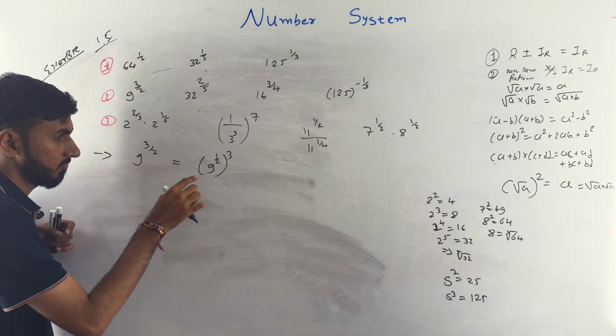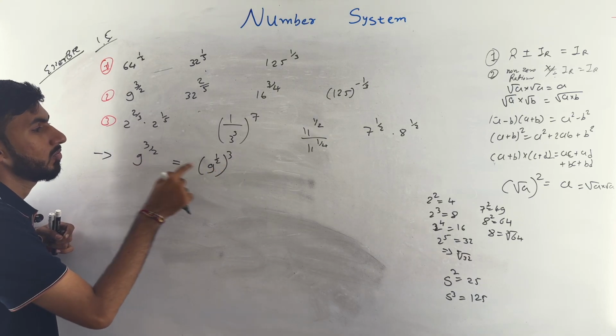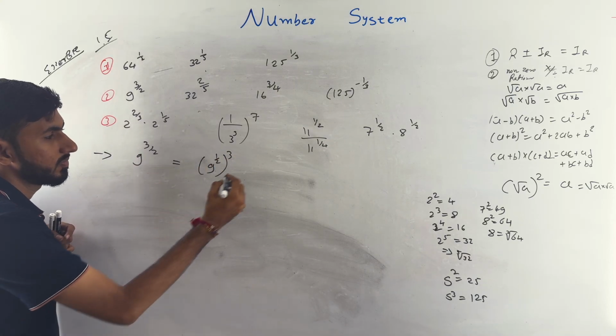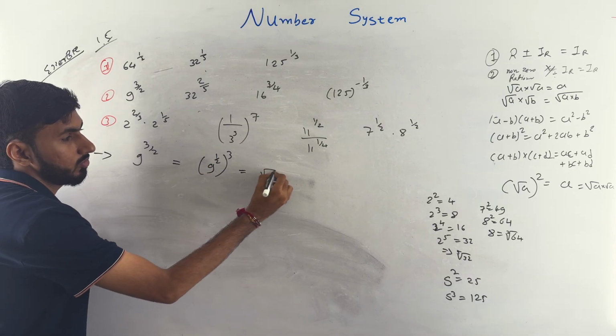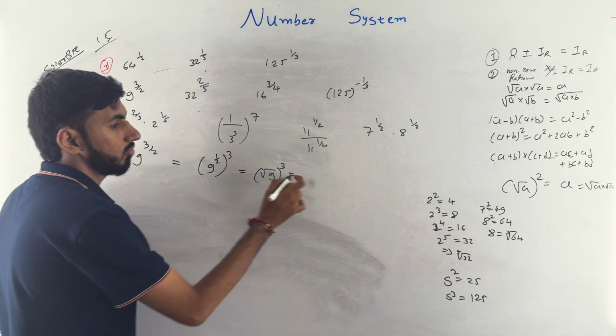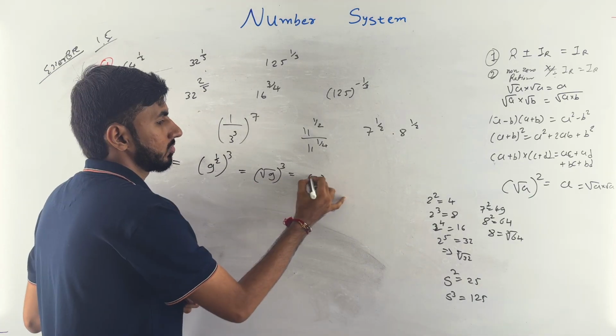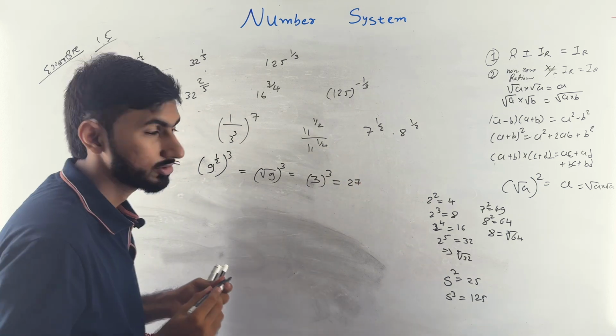You can see it is in the form of 9 power m power n, right? I can write 3 by 2 as 1 by 2 multiplied by 3. Now it will be easy for us to solve, because 9 power 1 by 2 is the square root of 9, and we have power 3. Now the square root of 9 is 3. So 3 power 3, that is 27, right?